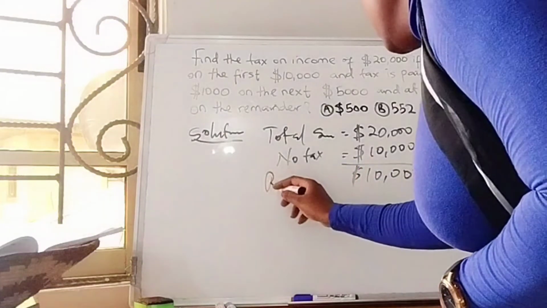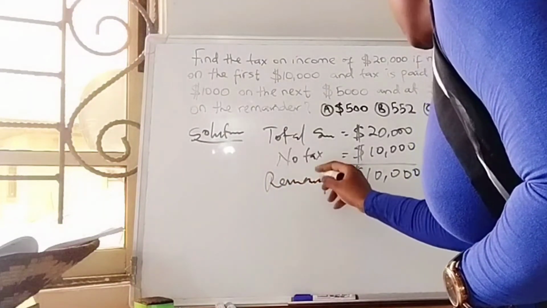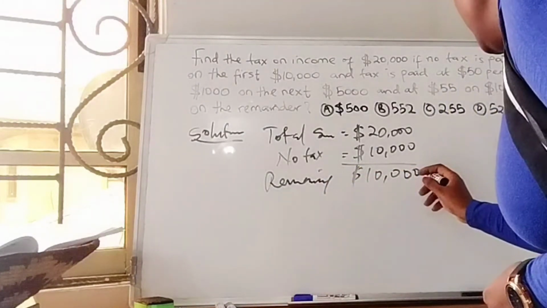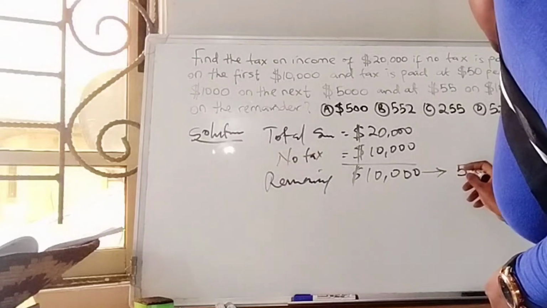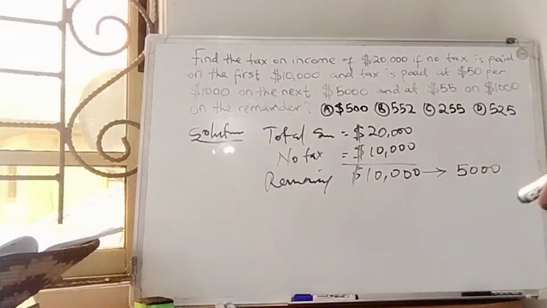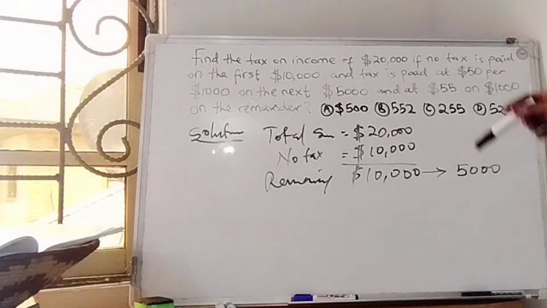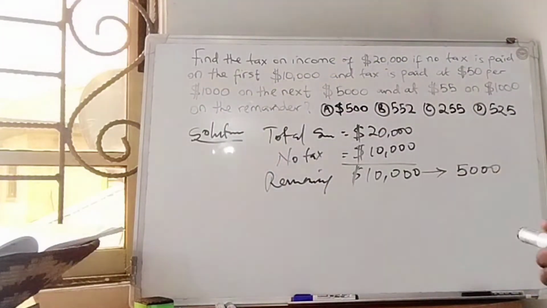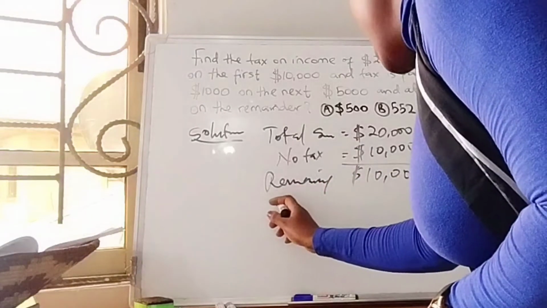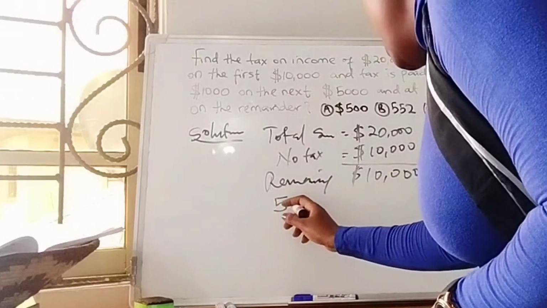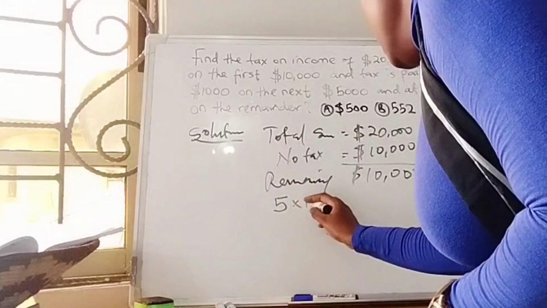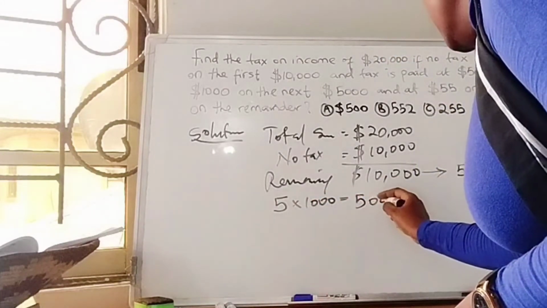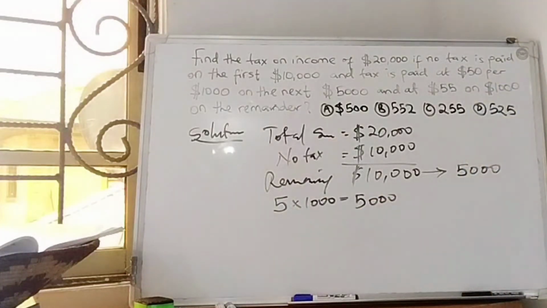This is the remaining. All right? So now we're told that for this sum, part of it, which is 5,000, we're asked to pay $50 per 1,000. So how many 1,000 do we have in 5,000? We have 5. We have 5 what? $1,000 in 5,000. Right? Is that clear?